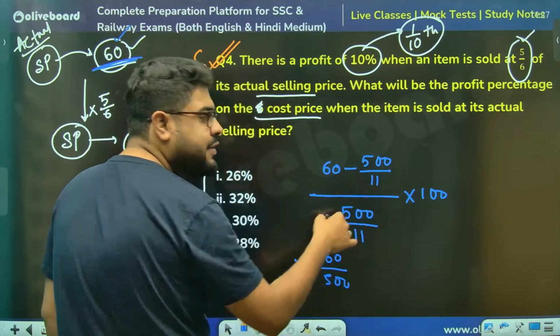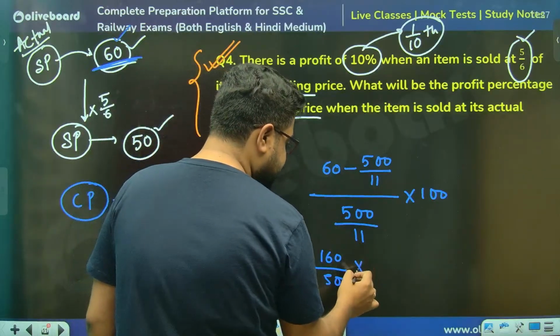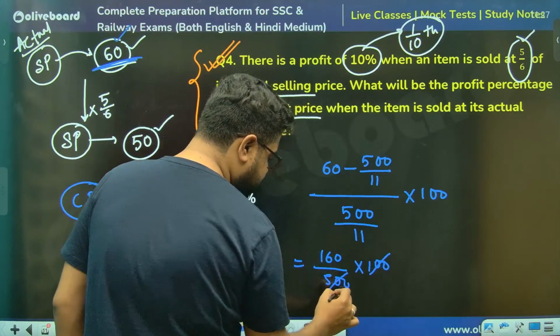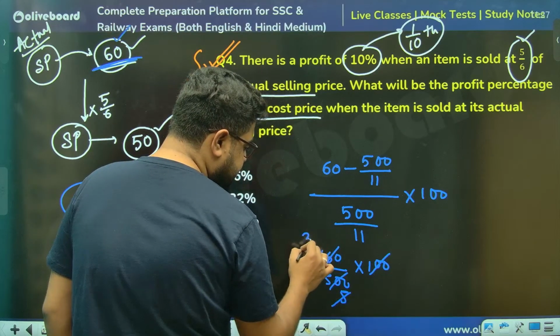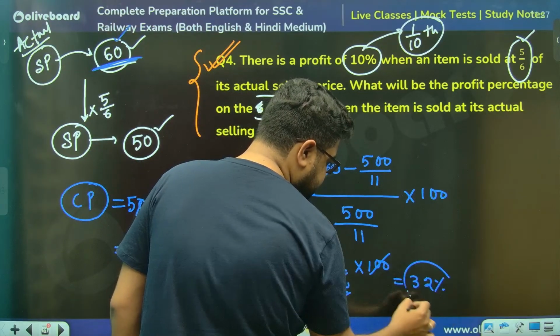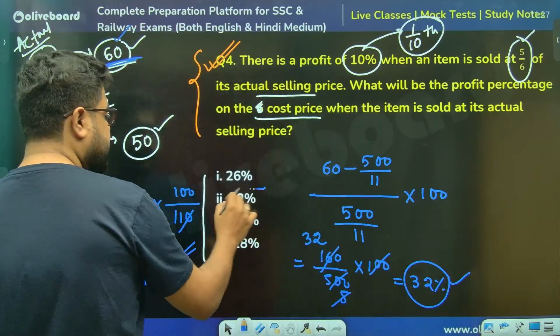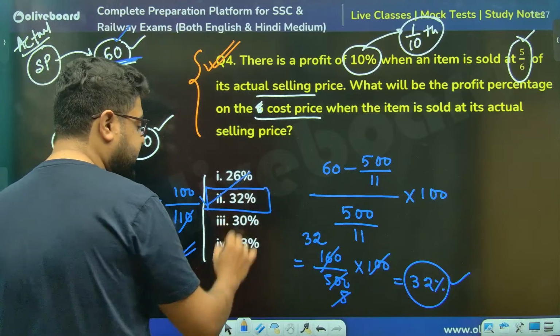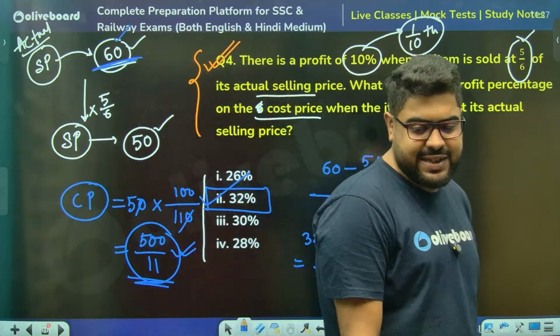The 11 cancels into 100. This is 32. So 32% is your correct answer. Option number 2, 32%, is most definitely correct.